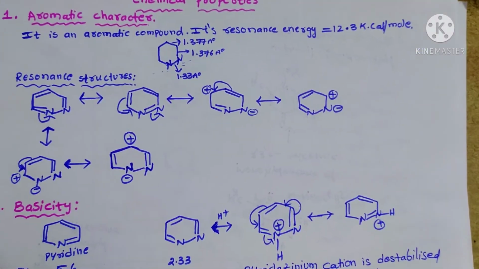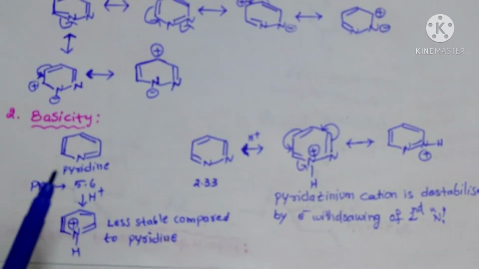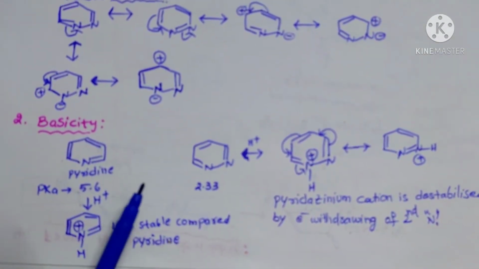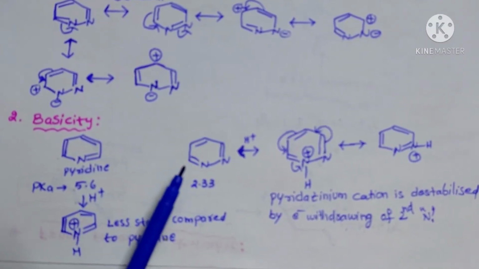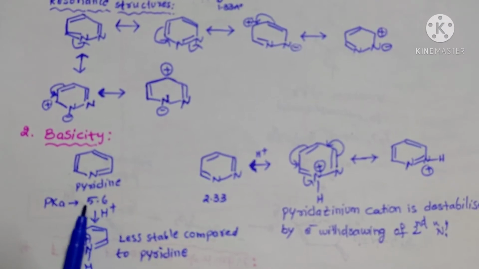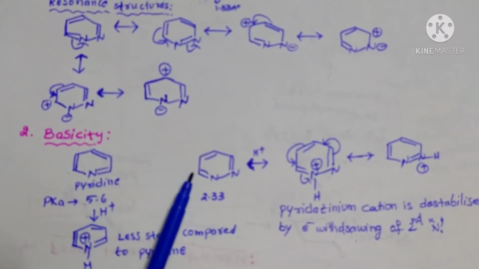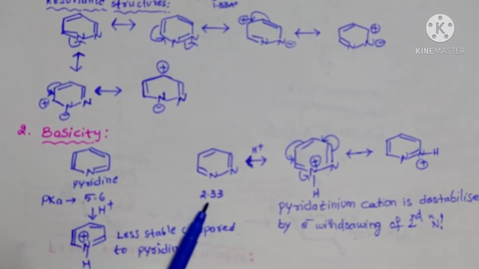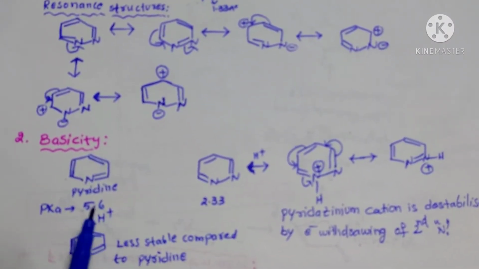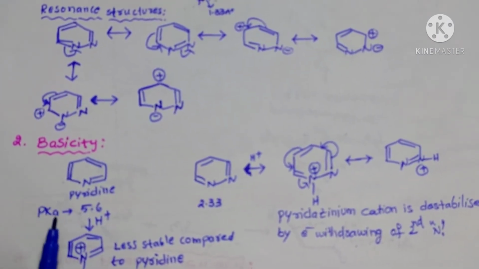Then we go for the basic nature of the pyridazine. Here pyridazine is less basic than the pyridine. Look here, pKa value of the pyridine is 5.6 and pKa value of the pyridazine is 2.33, and we know very well that the basic strength is proportional to the pKa values.